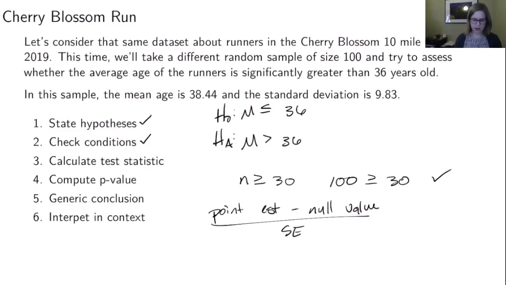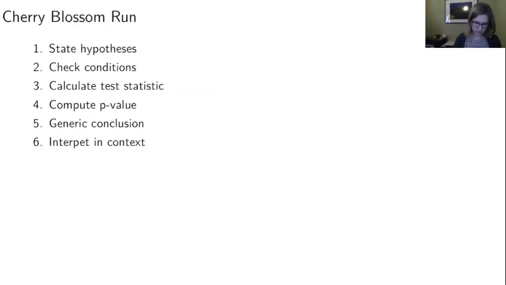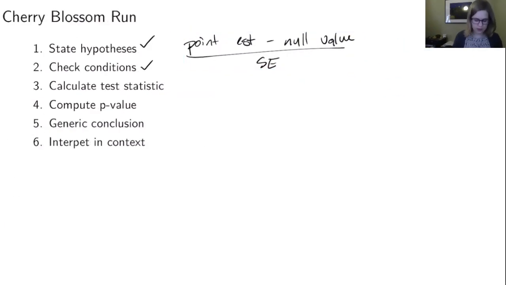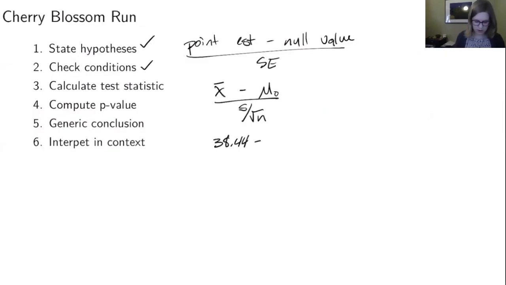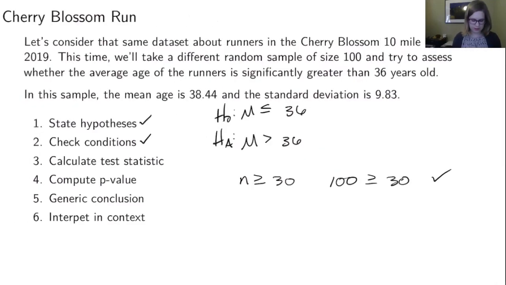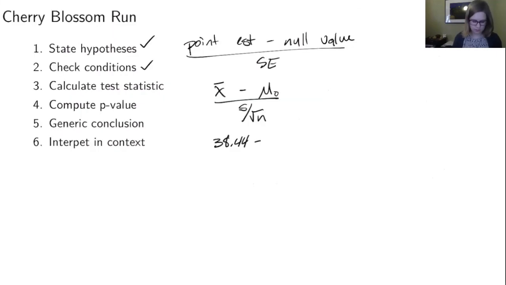Maybe I'll start on another page so I don't have to squish this all in. In this case, our point estimate is x bar. Our null value, I'm going to note as mu 0, and we divide by the standard error, which is s over the square root of n. We need our x bar, our observed mean, which was 38.44. Then we need our null value, the number that appears in our hypotheses, the 36.